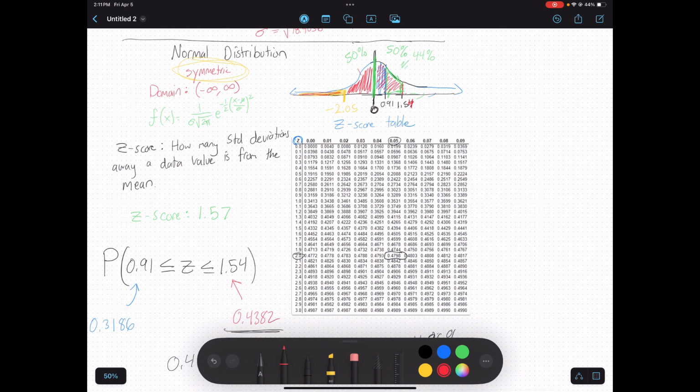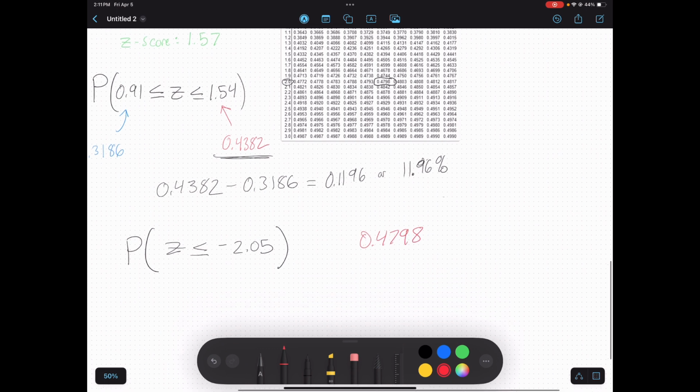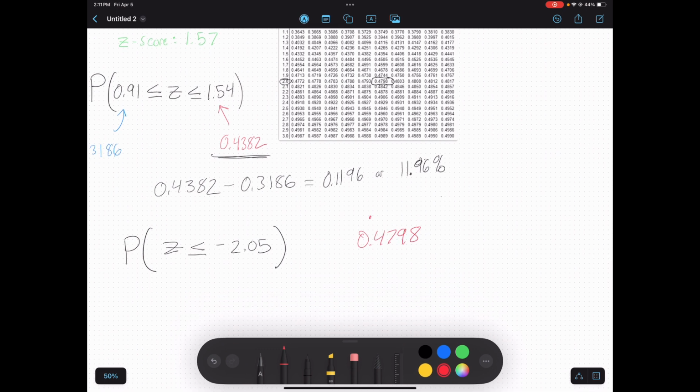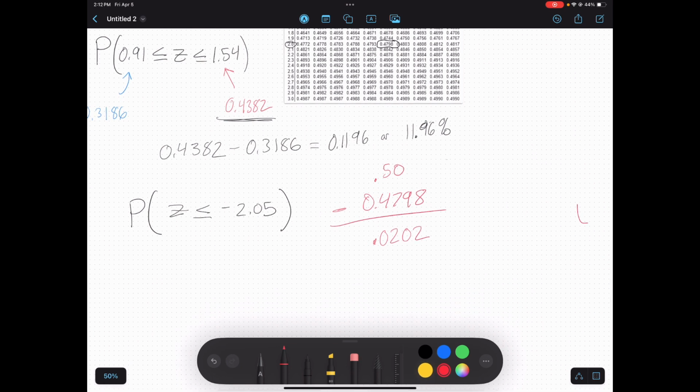I can just subtract this area from 50. I can do 0.50, right? 50% minus that area, and I get 0.0202. And this represents my solution. There's a 2.02% chance that my z-score is less than negative 2.05.